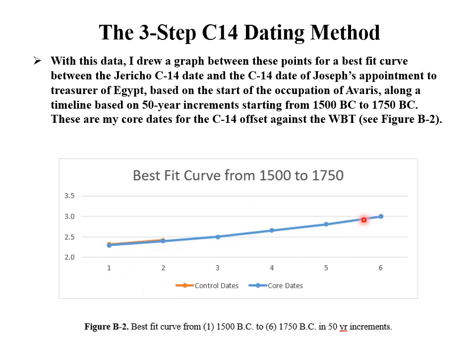A lot of secular scientists acknowledge that, actually. So we have our control dates 1 and 2, and then 6. So we drew a best fit curve in between them, and then we went to the next step.